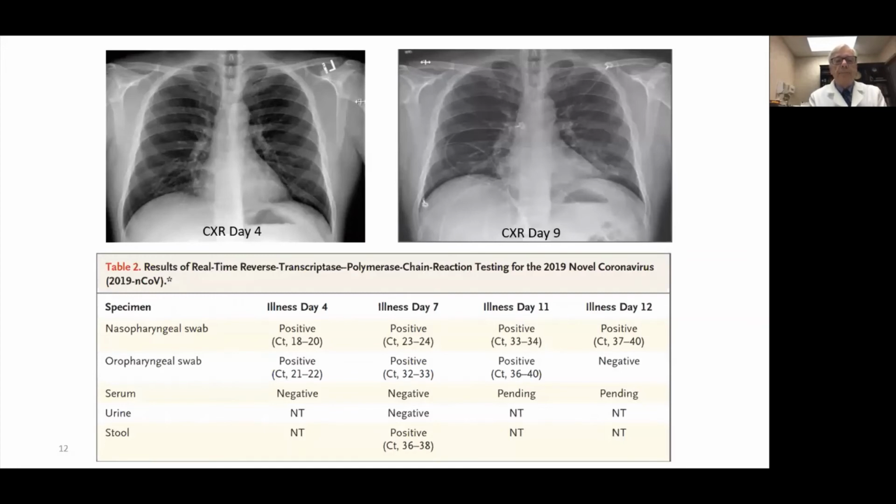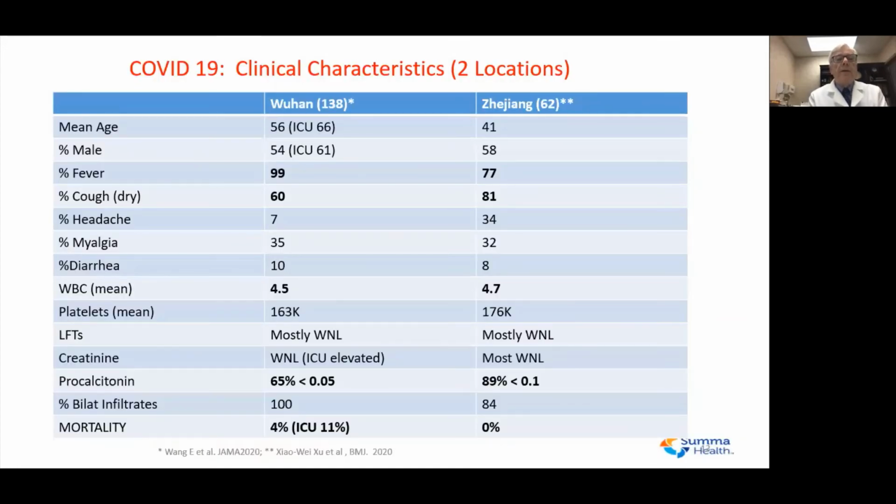Next slide. Now, this is the results of 2 studies of patients who were infected with the virus causing COVID-19, first from Wuhan, where the epicenter was, and then secondly from another province in China. I just want to compare these because there are some differences here.